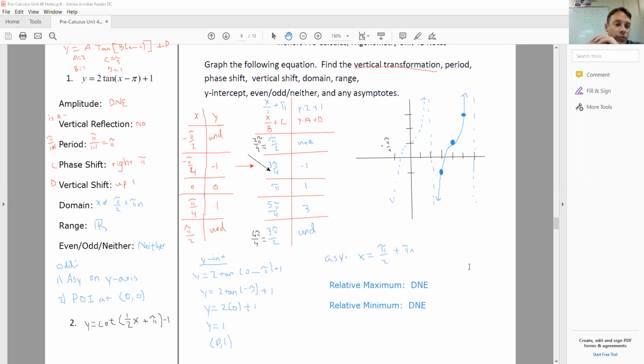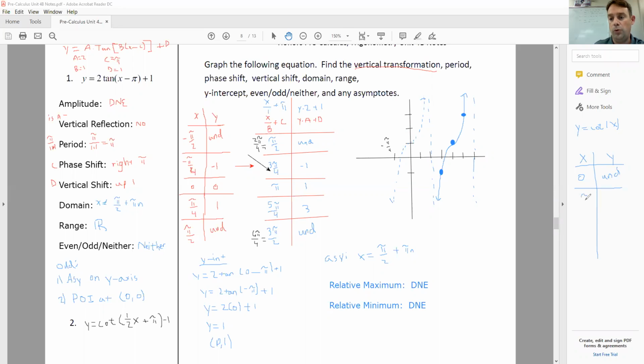All righty, friends. Why don't you go ahead and pause the video and see if you can try the cotangent one. Again, remember our different values that we have for cotangent. In case you forgot what those were, let me write them up here real quick, so you can keep this one up here as an example. For cotangent, at 0 it was undefined.